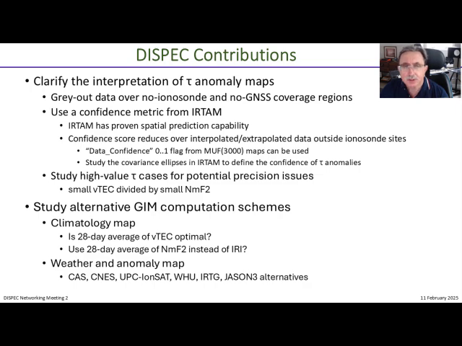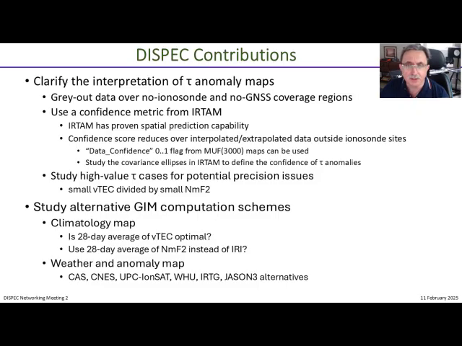And we've also looked at the alternative ways of computing GIMs, both in terms of climatology and the weather and anomaly maps. On the climatology, is that 28-day average the best optimal for computing the quiet time reference for VTEC?